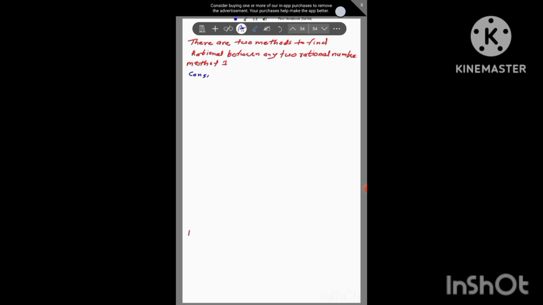We consider the example 3 upon 10 and 7 upon 10. We have to find the rational numbers between these two numbers. If denominators are not the same, make them the same by multiplying by a suitable factor.